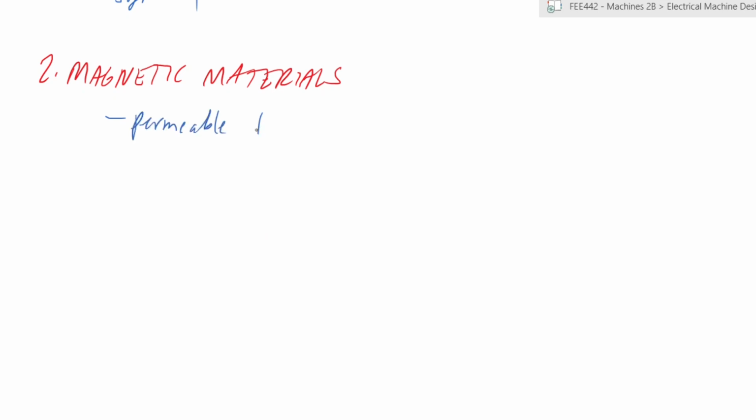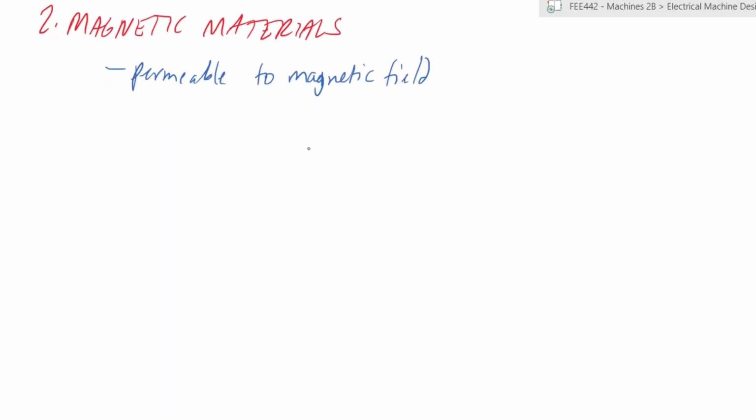Secondly, we have magnetic materials. So these are materials that will then allow the magnetic circuits, the magnetic field to be set up within them. So they are permeable to magnetic field. These are generally alloys and so on that allow magnetic fields to be set up within them.